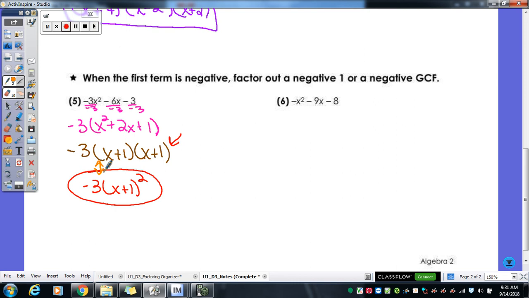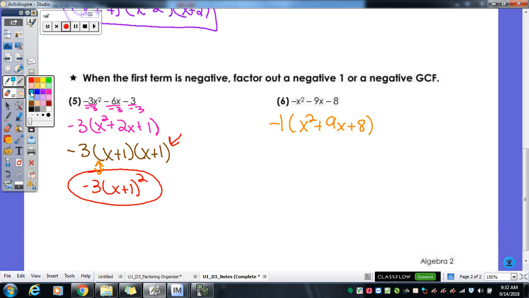All right, then our last example in our notes, that negative x squared minus 9x minus 8. What is our GCF for that going to be? Negative 1. Yes, we got to turn that first term positive. So all negative 1 does when you take that out as a GCF is it just changes the sign, so everything becomes positive.